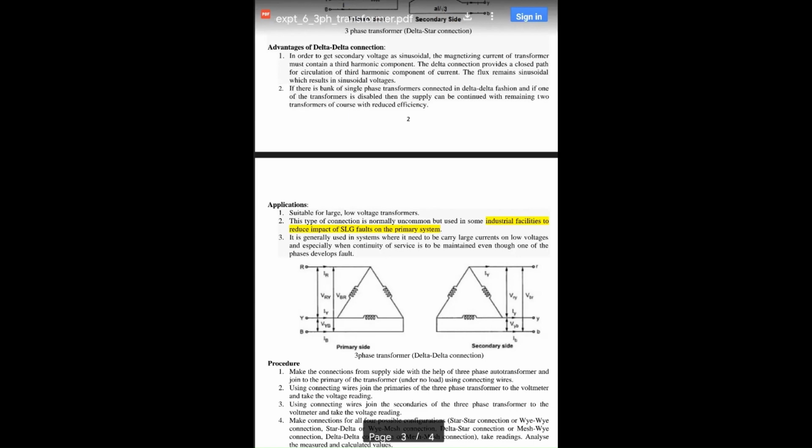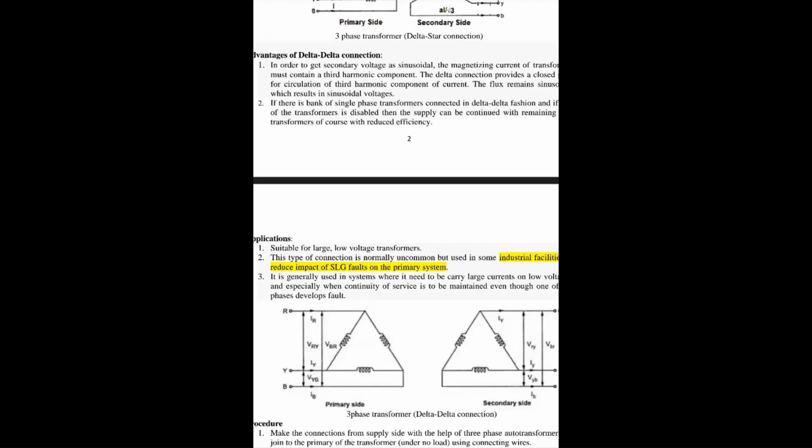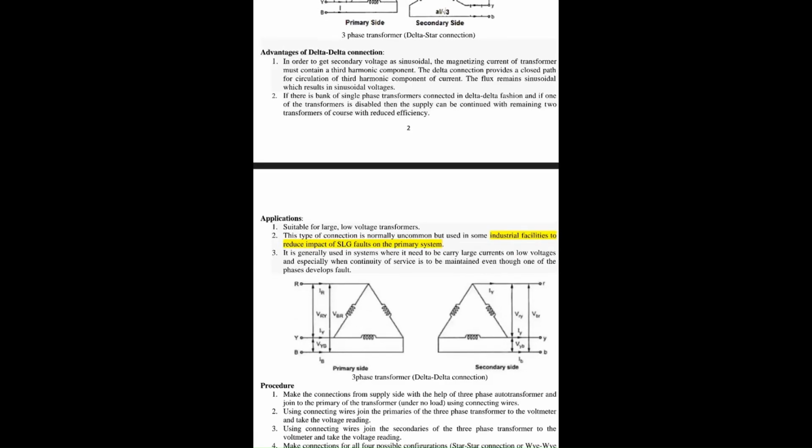Otherwise, you know from the hysteresis curve, the BH curve, what happens is initially there is a good linear relationship between B and H, but a point comes when it saturates.